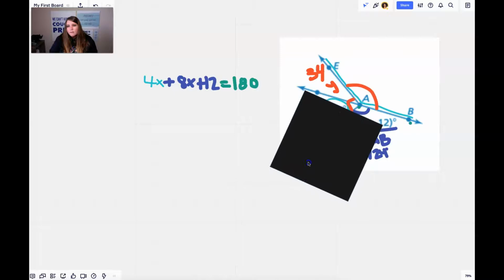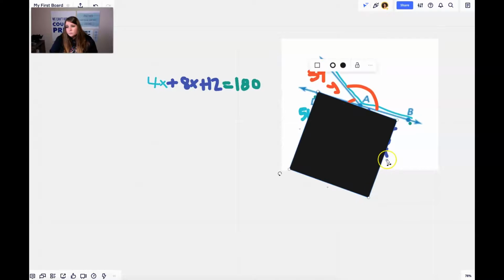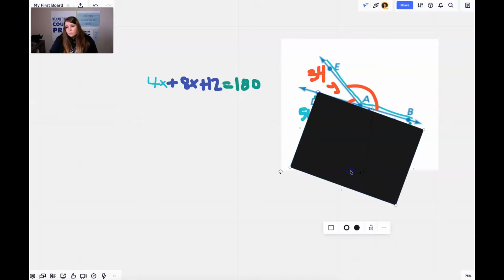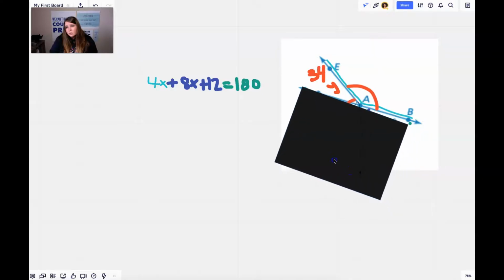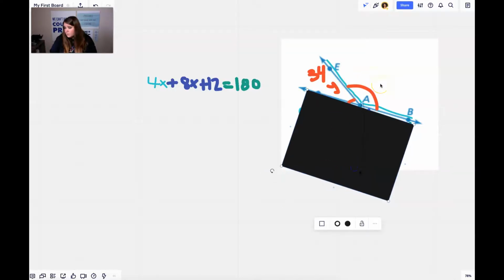For those of you who are having a hard time seeing just what exactly is going on, this top part here, that's the part that needed to be just 180, the 34 plus the 146. So that's what we are solving for.